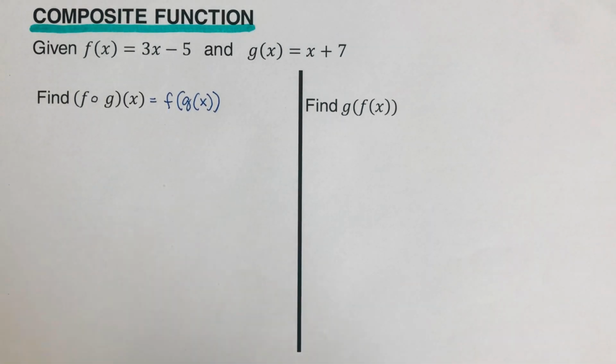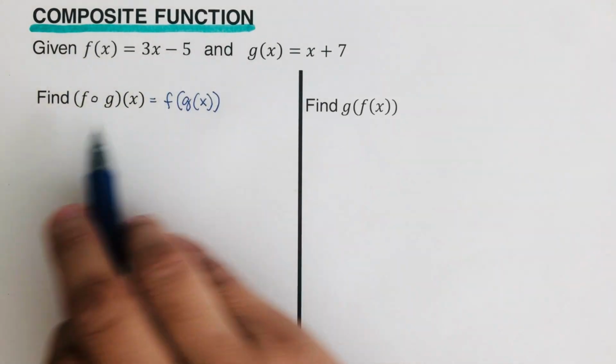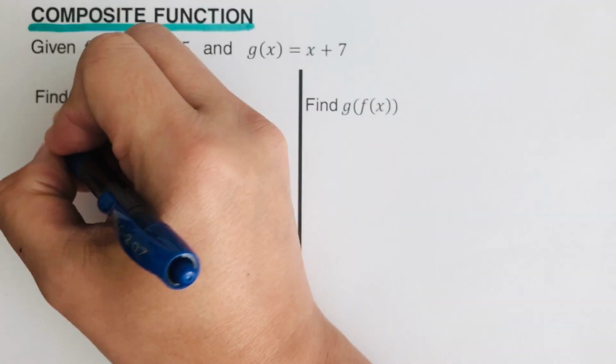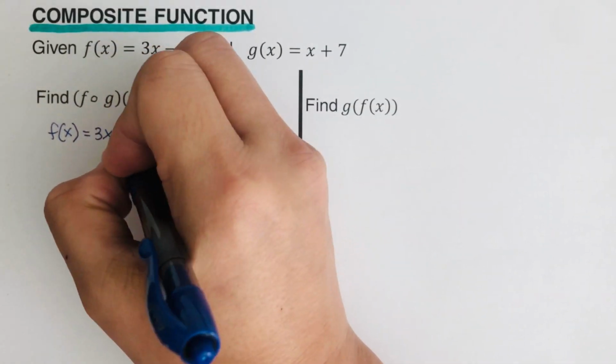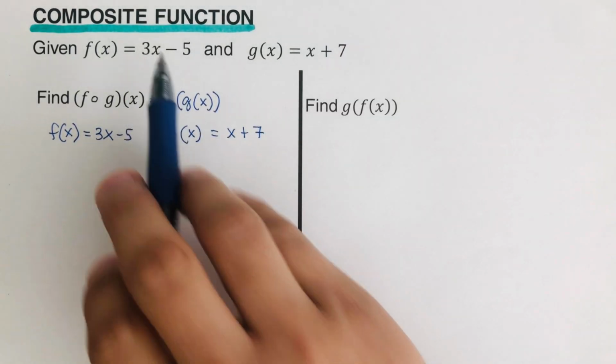So what's going on here? I'm going to rewrite the original functions given to us down below so we can understand better how we compose a function. I wrote the two functions right here.